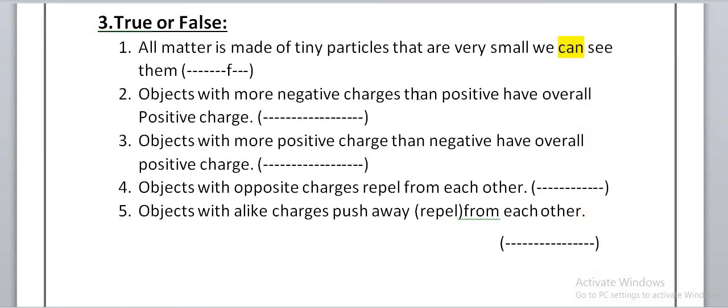Objects with more negative than positive have a positive charge? No. We said according to the more, so more negative will be negative. More positive than negative will have a positive charge? True. Objects with opposite charges will repel from each other? No, they will attract. Objects with the same charges will repel from each other? True.